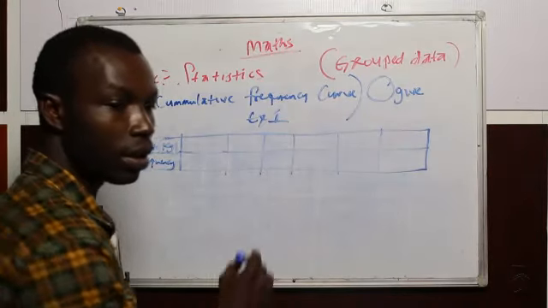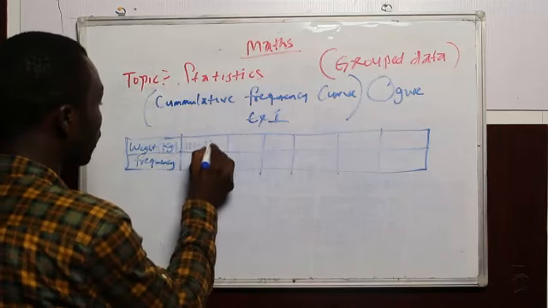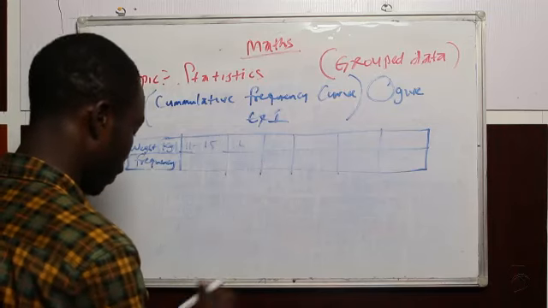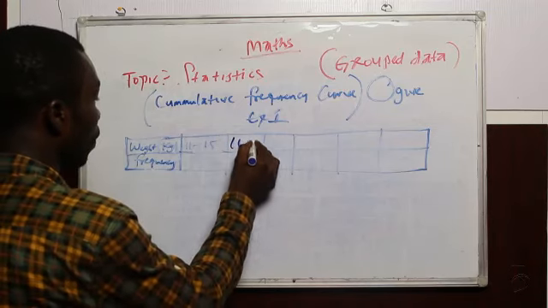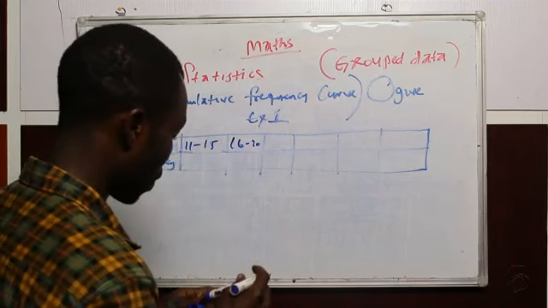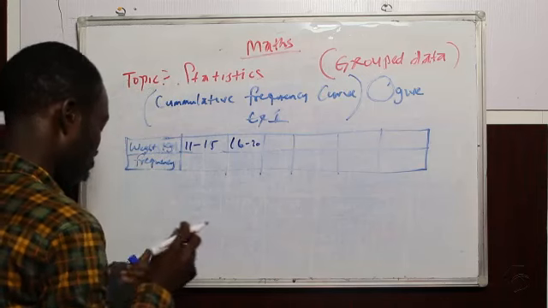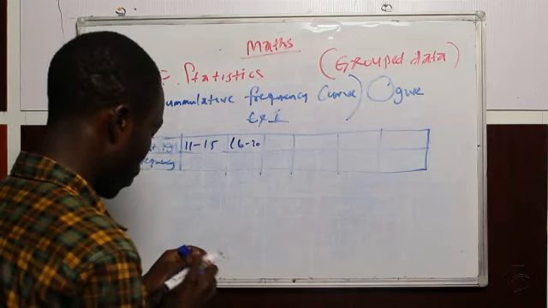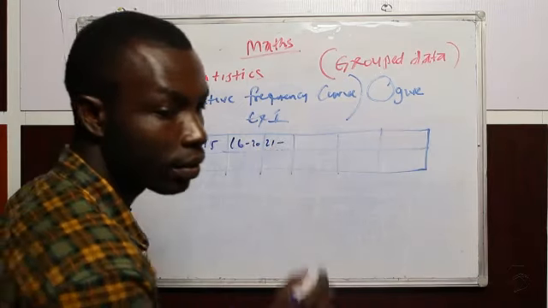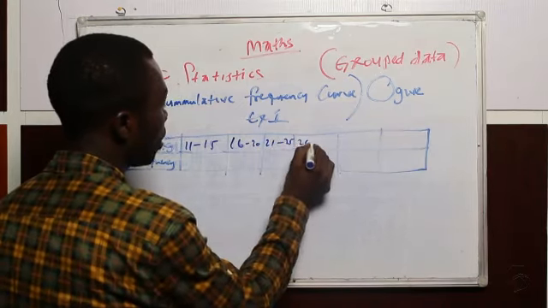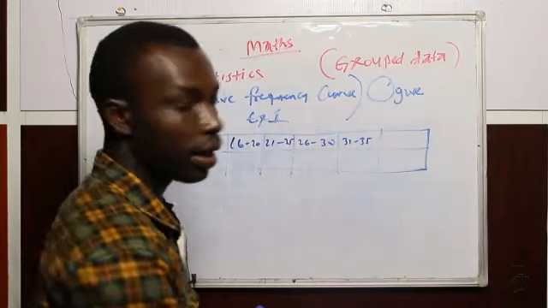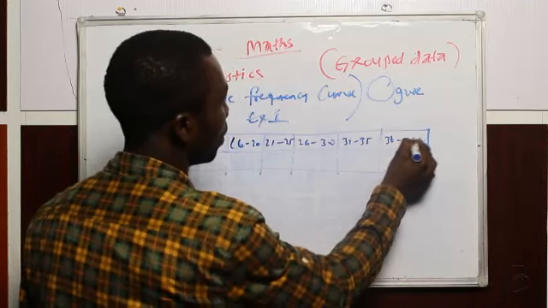Here we have 11 to 15, 16 to 20, then 21 to 25, 26 to 30, 31 to 35, and 36 to 40.